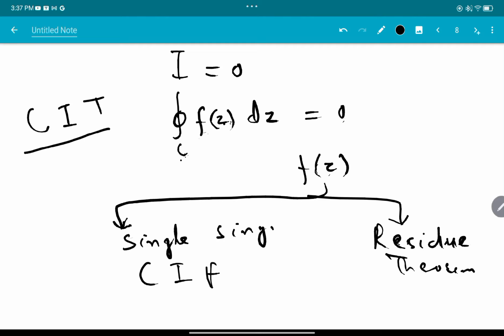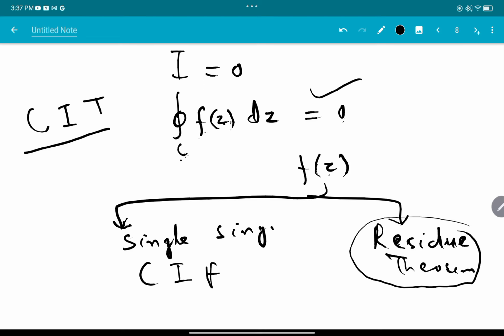The big picture is this: if a function is not singular, it is taken care of by Cauchy's integral theorem. If it has one singularity enclosed within the curve, then it is taken care of by Cauchy's integral formula. If it has multiple singularities, then we use the residue theorem. After finishing these two, we will be left only with Taylor's and Laurent series. That will be the end of this unit.